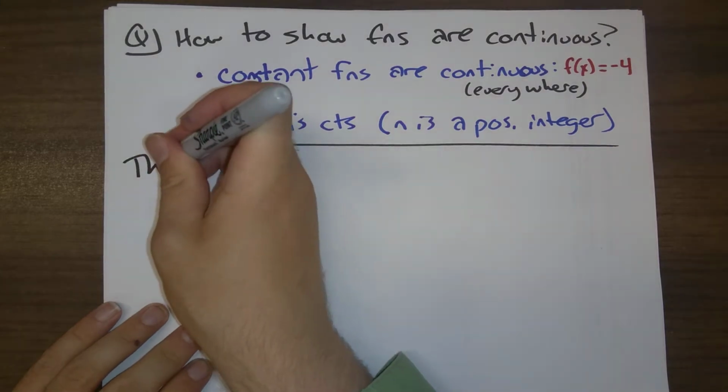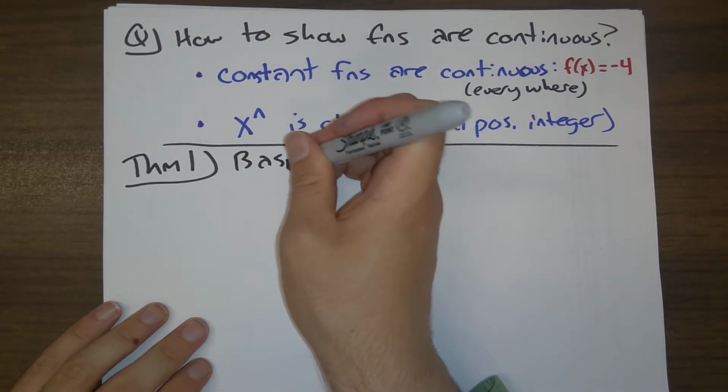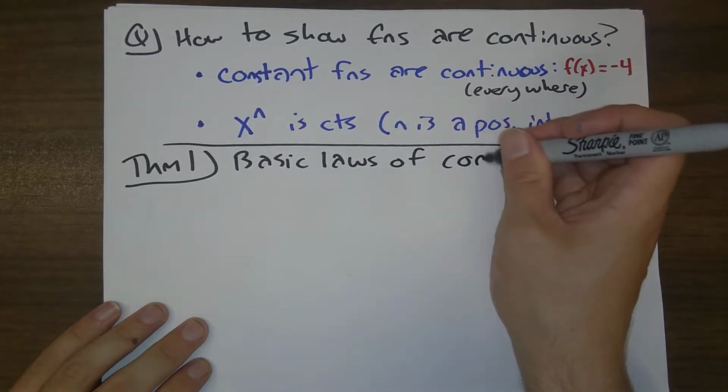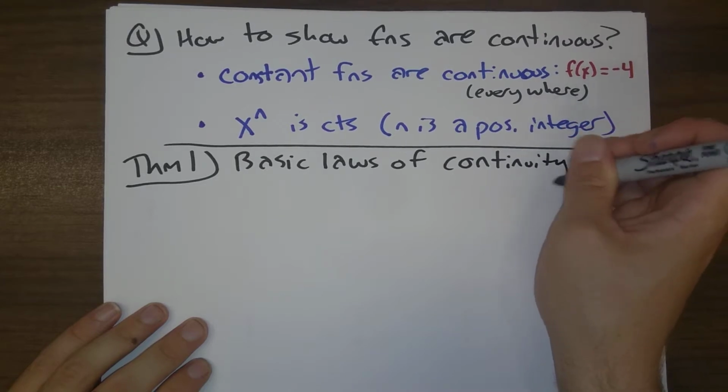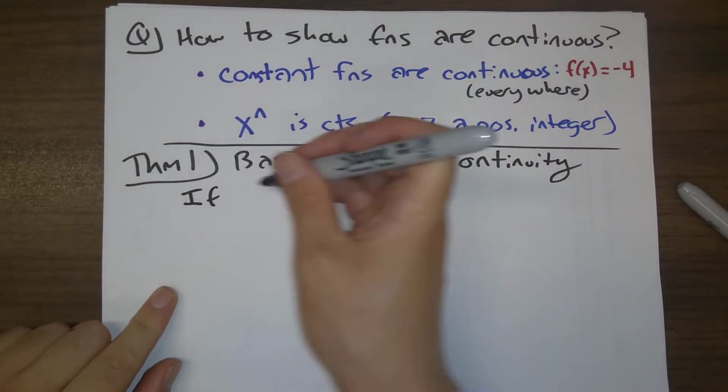And so there's a theorem here, theorem 1 in the section, about basic laws of continuity. It tells you how to combine functions that you know are continuous to get new functions that are also continuous. Here's how it goes.